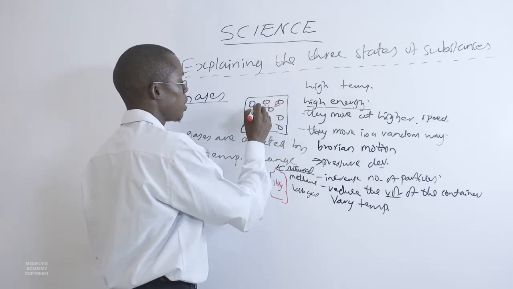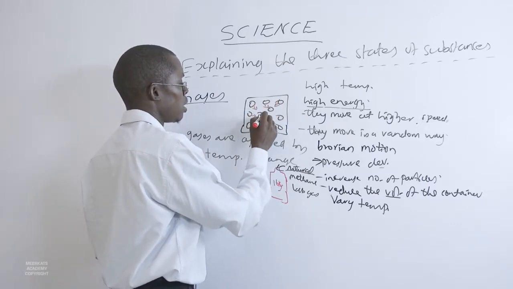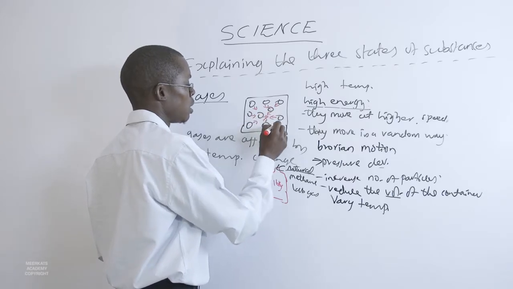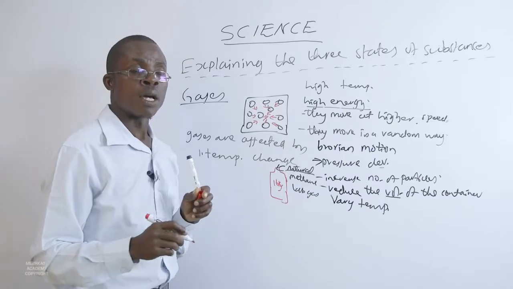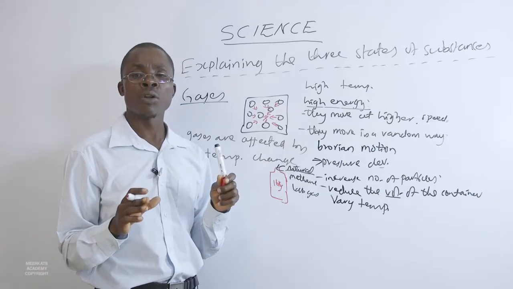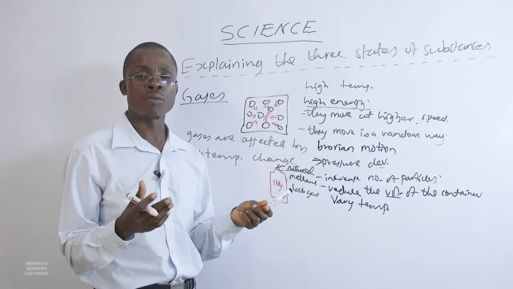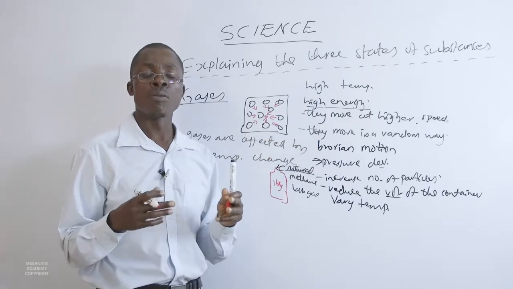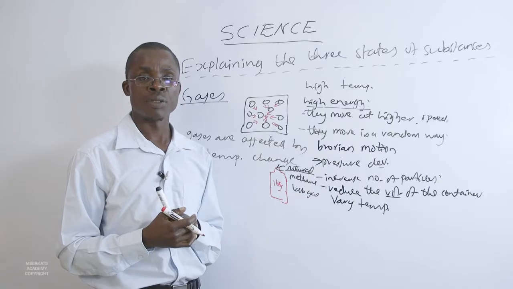As you add in more particles, they will have to move closer to each other. Remember, gaseous particles are always far away from each other so that they can have that Brownian motion more comfortably.